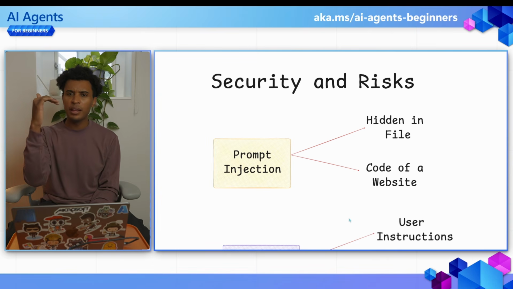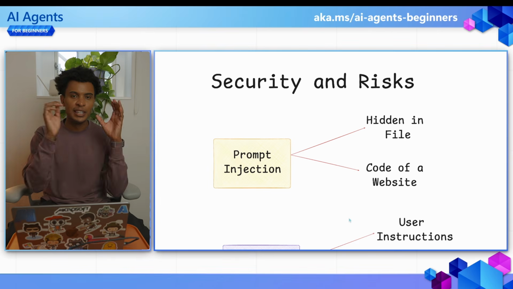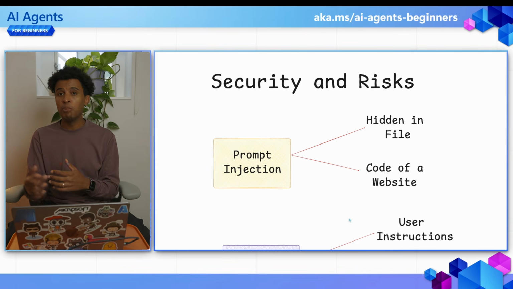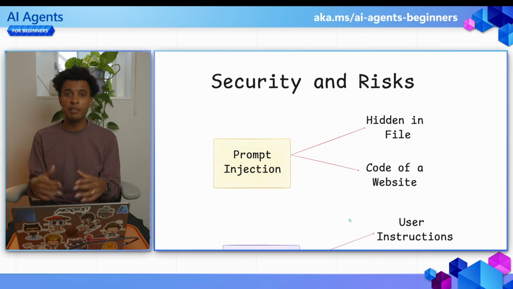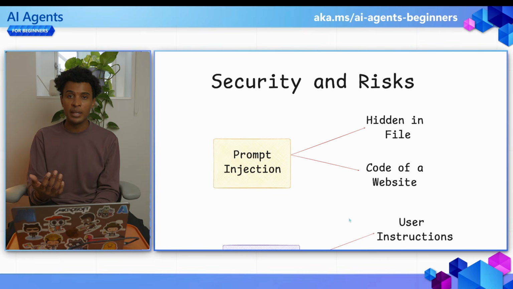When you add the layer of computer use agents, we're not just talking about the world of chat, where it's just copying and pasting something in the chat window. These prompt injections can actually be involved in different elements of files or even code on a website, since we're performing that analysis.